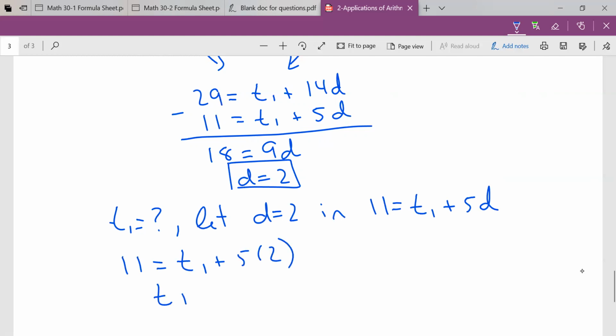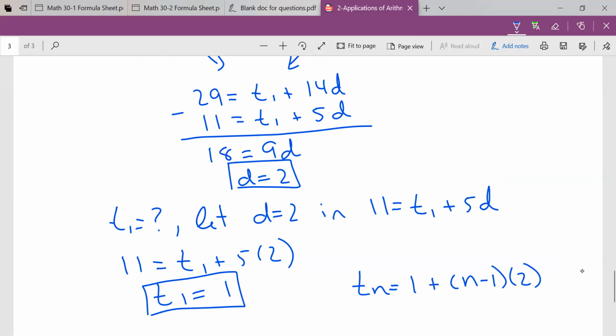Well, I can see right there that's going to be 1. On her first class, coach was taking it easy and said, let's just do 1 sit-up. Cool. So what's our general term then? Tn is equal to 1 plus n minus 1 times 2. On each successive day, we're going to do 2 more sit-ups. Awesome. There is our general term.